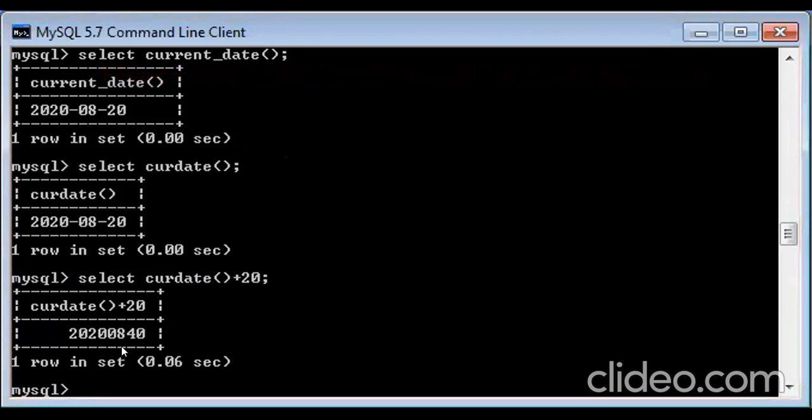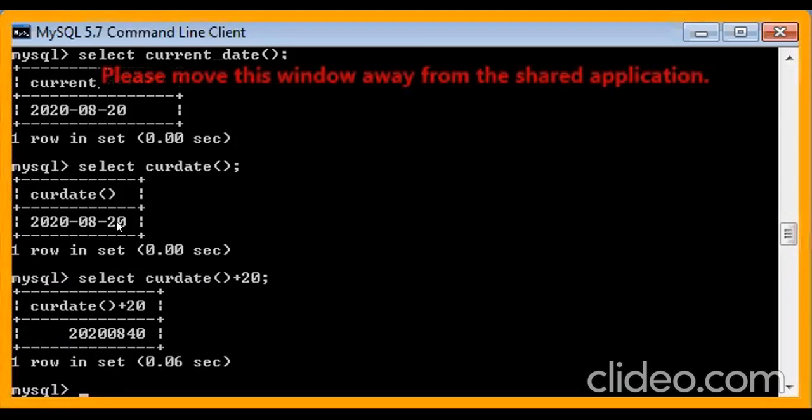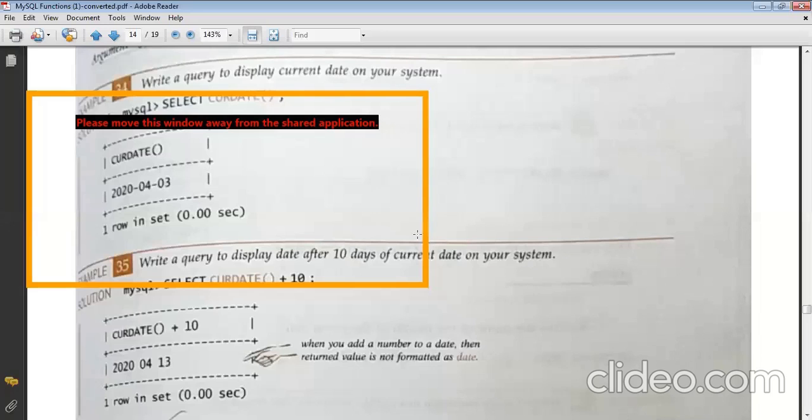So it just adds up your number, nothing else it is doing. If you add 20, if you add 30, it will add it up to your days. So this is how it is functioning, and you can see the number is not in the output of the date format also. But it will just add up to the date, whatever the date is there.